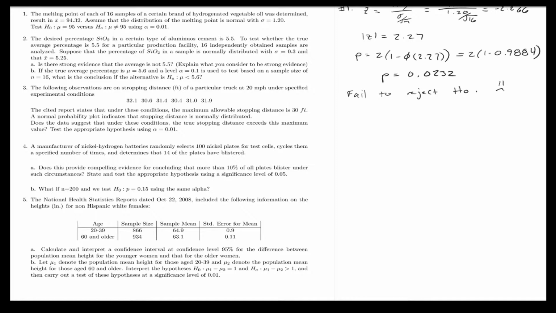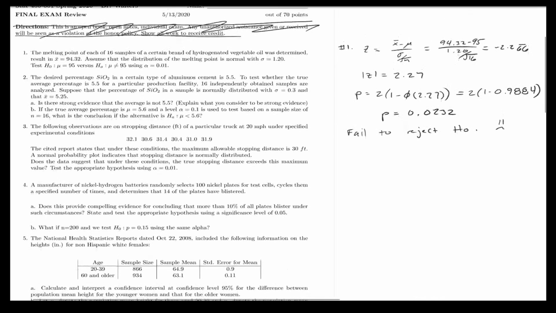Okay, so why am I taking the absolute value here? Because I'm doing this 2 times business, and my alternative is right here. When I have the alternative hypothesis mu is not equal to a value, or basically anything not equal to a value, we do 2 times what's to the right of the positive, or the absolute value, of the test statistic.